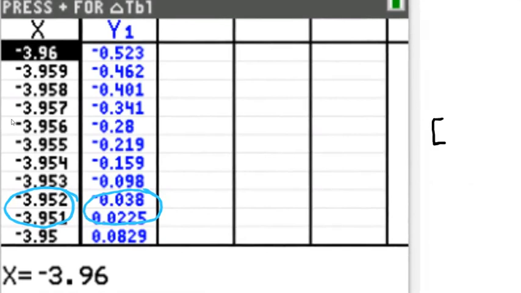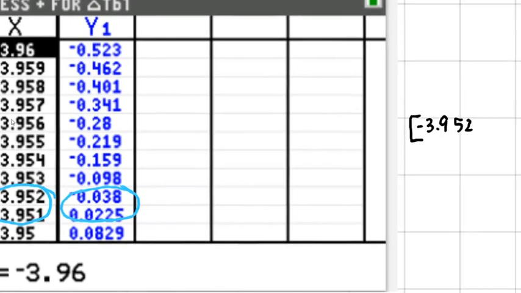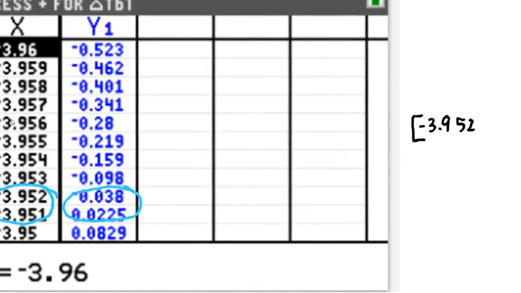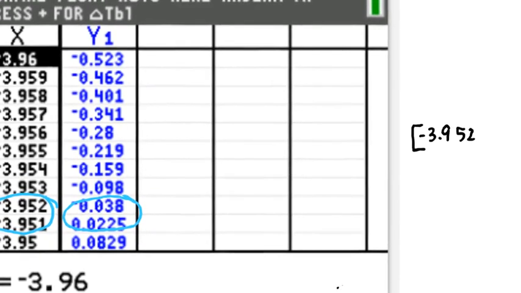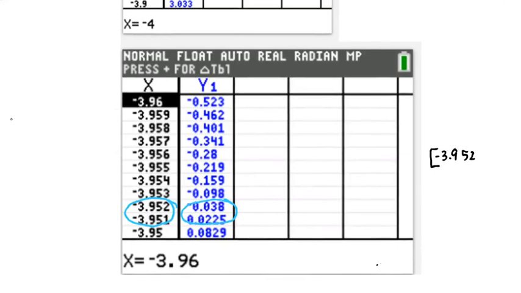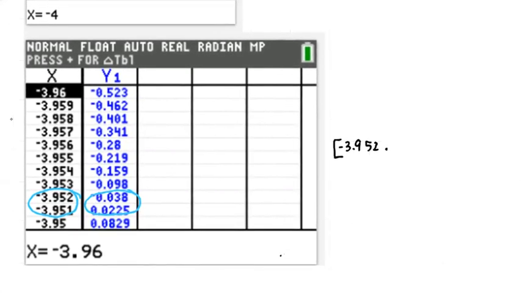So now we've narrowed the 0 down to be in between negative 3.952 and negative 3.951. And so since the 0 is in between those two values, we know if we round to 2 decimal places, that 0 would be negative 3.95.